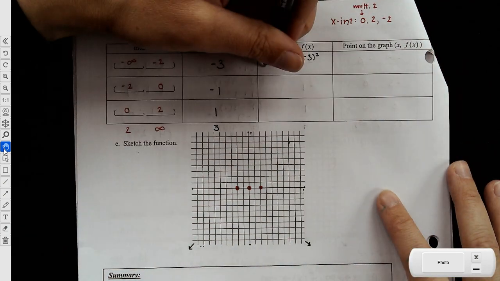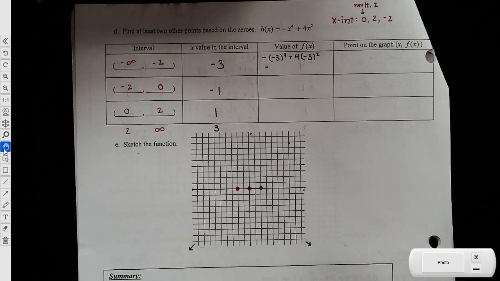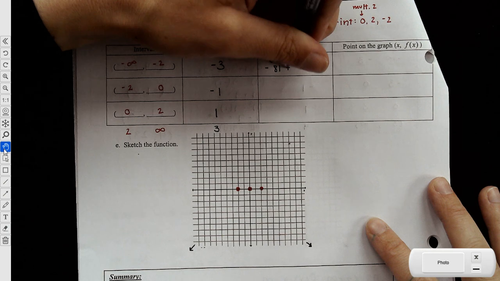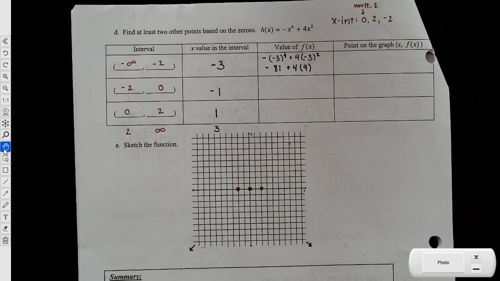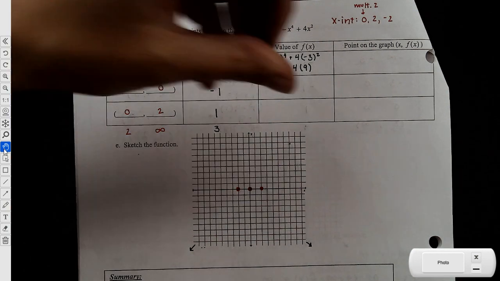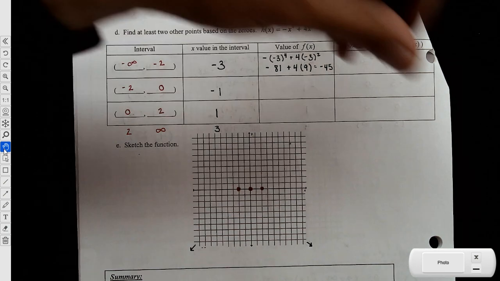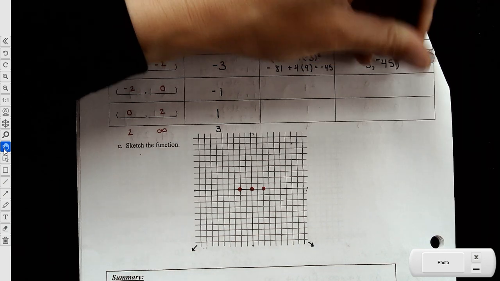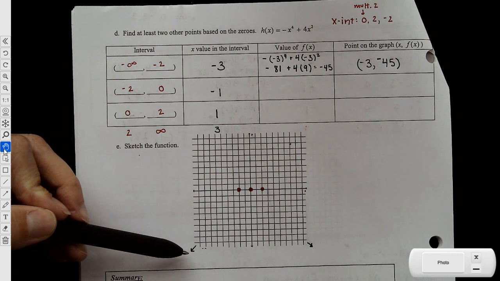So I have negative 3 to the fourth is going to be 81, plus 4 times 9. So negative 81 plus 36 gives me negative 45. So that point is negative 3, comma, negative 45. Which makes sense because that's going negative and that's where the end behavior is supposed to be.